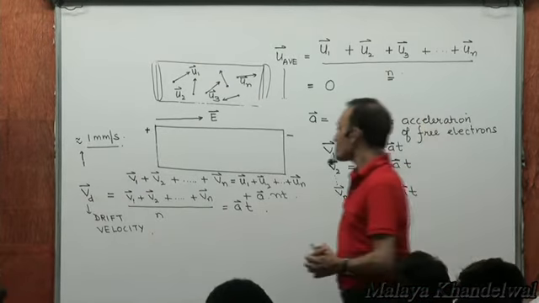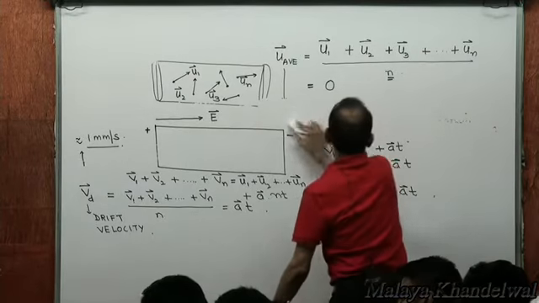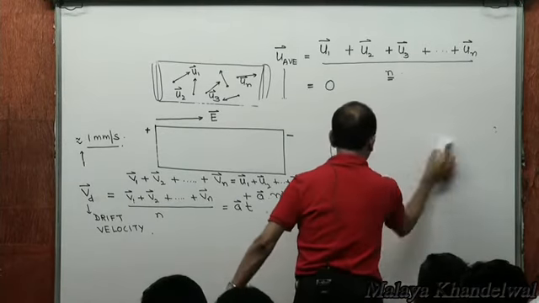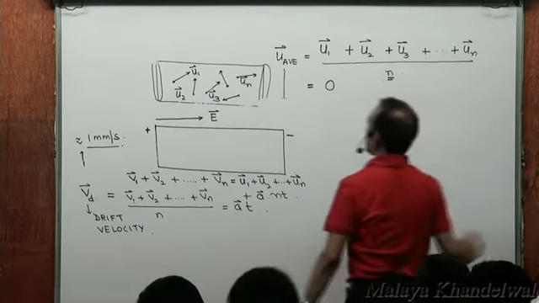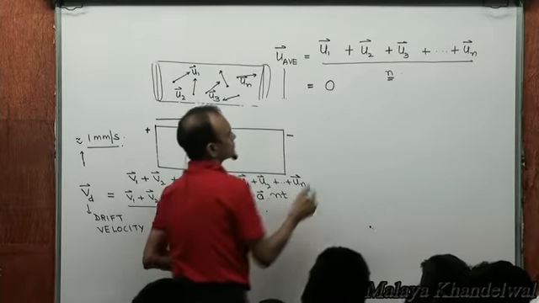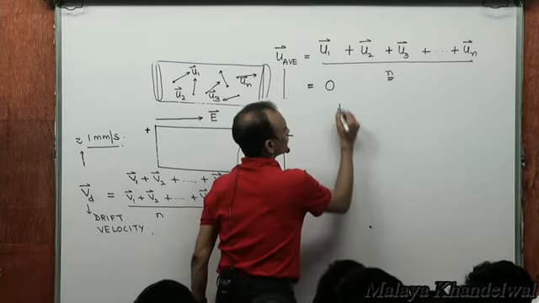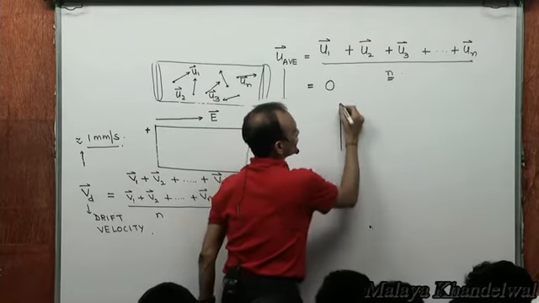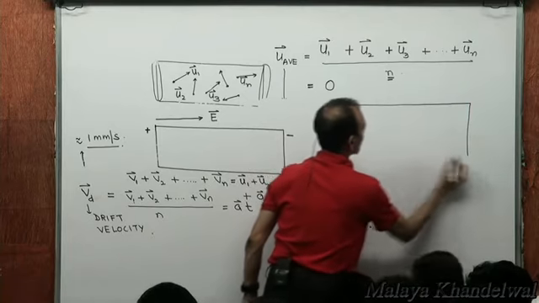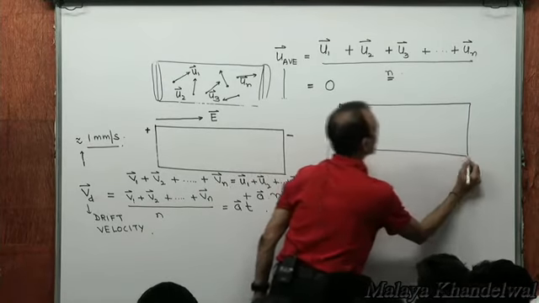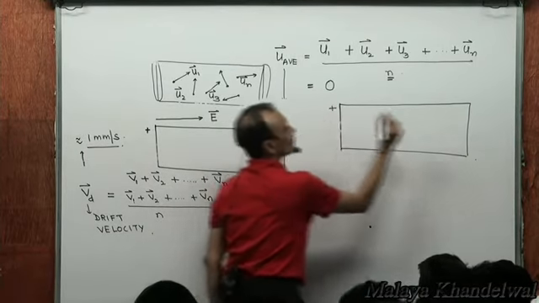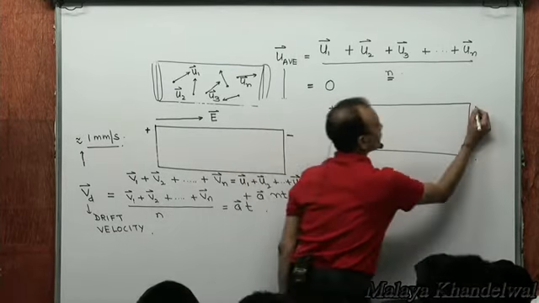So this turns out to be the drift velocity, the average drift velocity of the electrons. Now, consequently, see, in the original piece of matter, electric field E was applied like this.